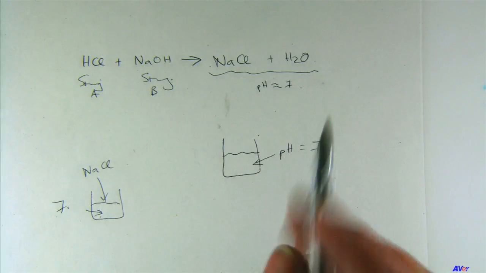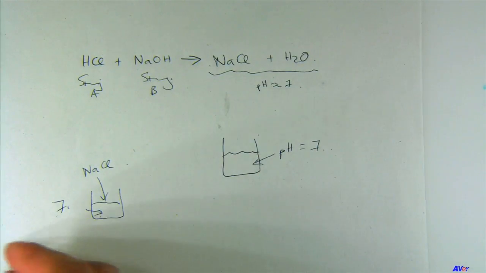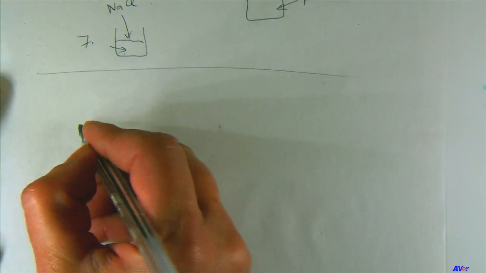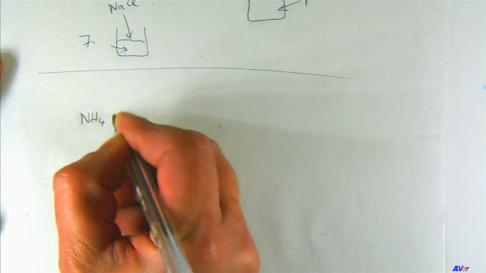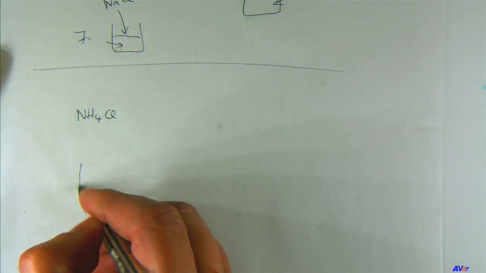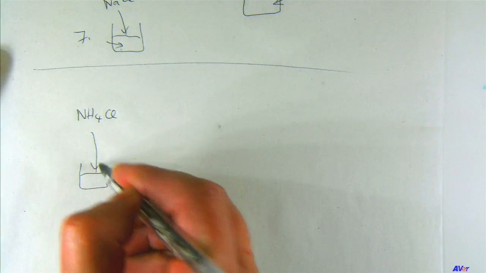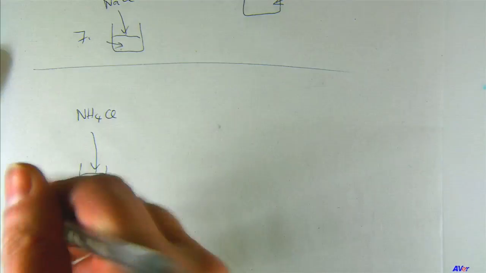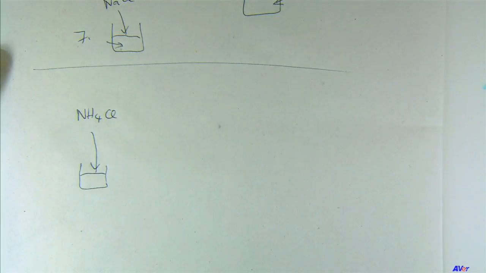So in future, they're going to give you other ones. They're going to say, for instance, if you take ammonium chloride, if I put ammonium chloride salt into water, will that be an acidic, a basic, or a neutral solution? And now I have to say, okay, it doesn't matter if I put the salt into water or if I make it by using an acid and a base.